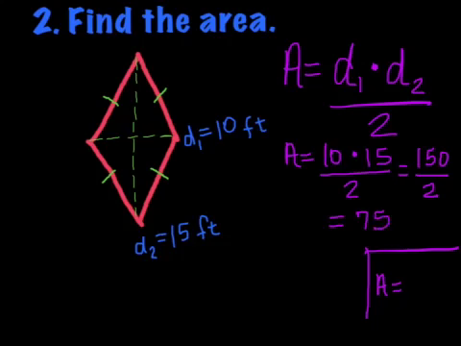And we're working with feet, so it would be feet squared. So that would be our area, 75 square feet or feet squared. All right, so we just found the area of our rhombus. Diagonal 1 times diagonal 2 divided by 2.